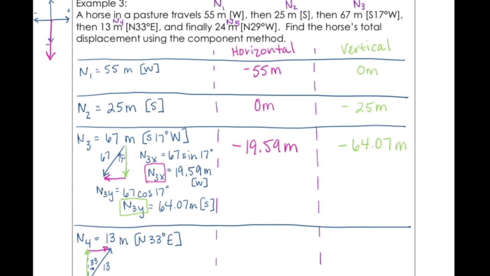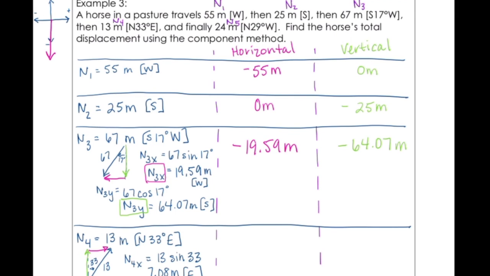All right, so once again, we're going to set it up just like we did on the previous one. So N4x is going to be 13 times the sine of our angle, and we're going to get that it is 7.08 meters east.